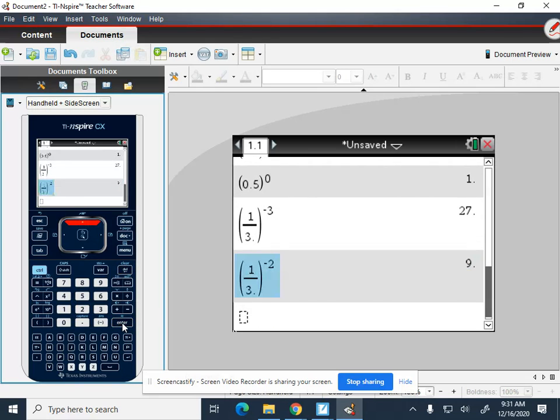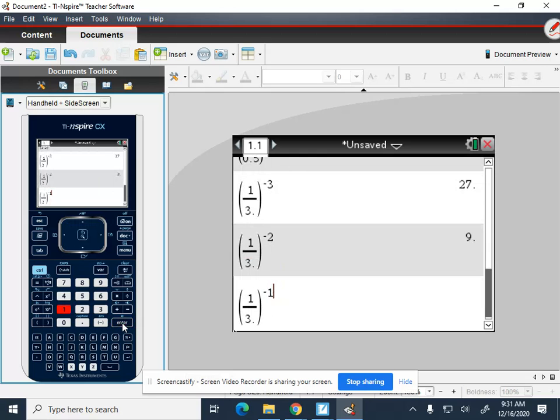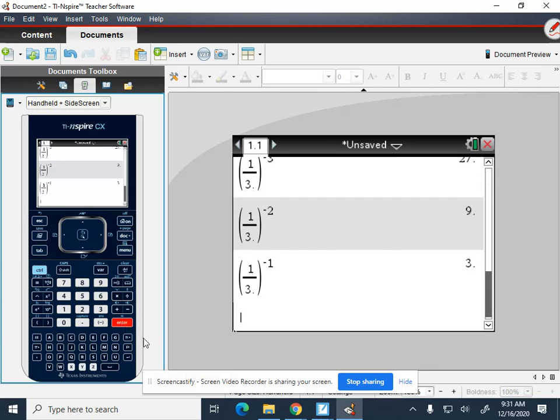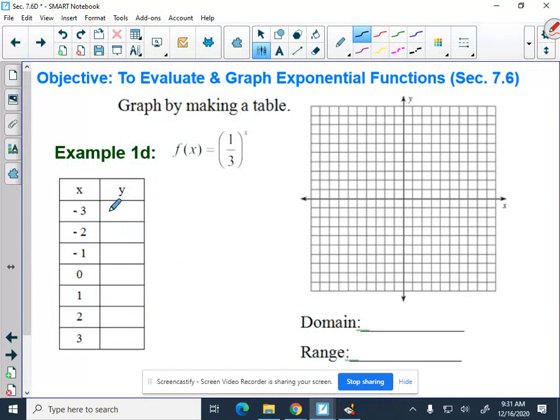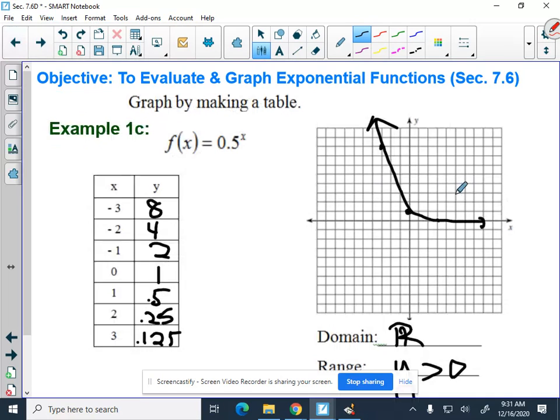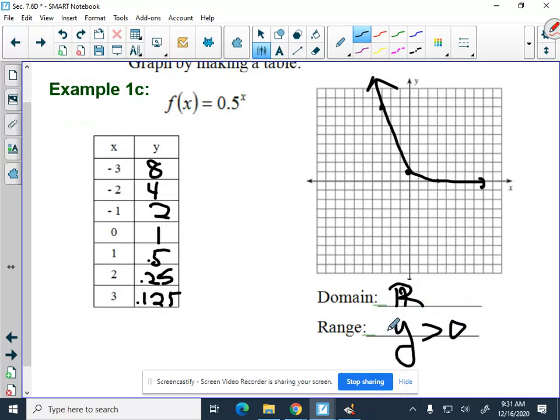Then it gets 9. And 3. Same as the others. It was still above 0, so its y is greater than 0.